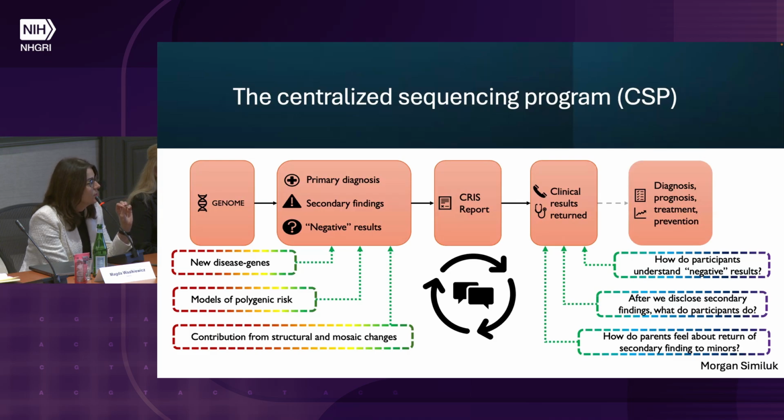In addition to this paradigm on the top, we host the genomic data in one spot, and we hope that this allows us to perform reanalysis of the data as new disease genes arrive, but also we leverage the data for new gene disease discoveries. We are interested in understanding how polygenic risk modifies some of those phenotypes that we look at. And last but not least, we look at contribution of structural and mosaic variants to disease.